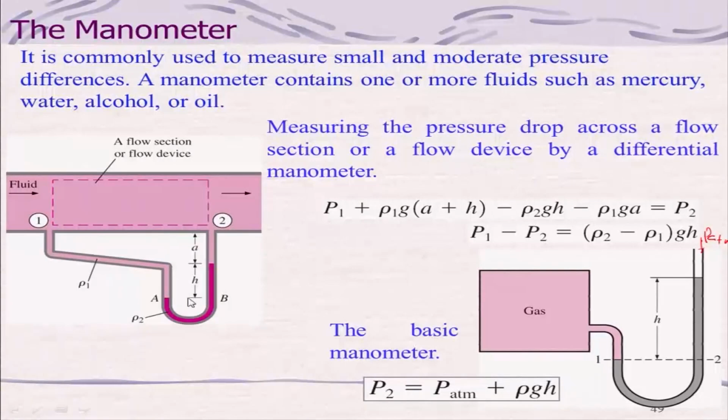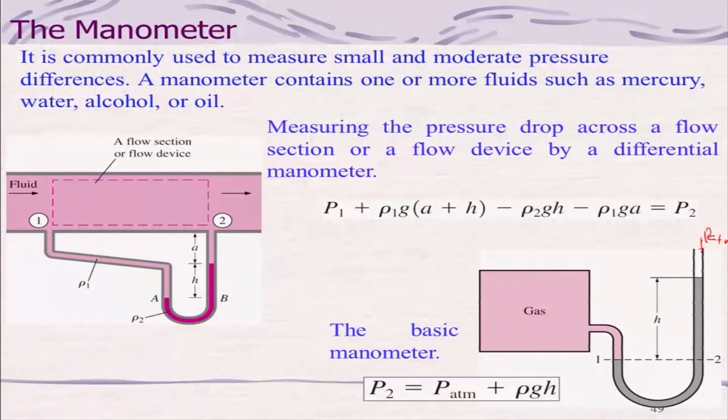So, this pressure will be the same as that of here at this point, and then you will have to go to this point, that is rho 2 g H, this term, right, and minus rho 1 g A. So, that is nothing but your P2.